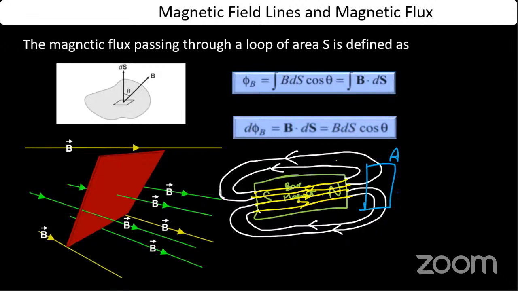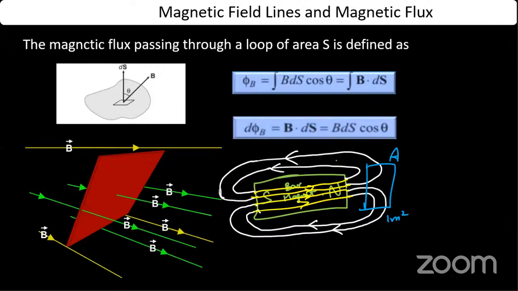If this area is 1 meter square, how many field lines are passing through it? There are 1, 2, 3 field lines passing through this surface area.